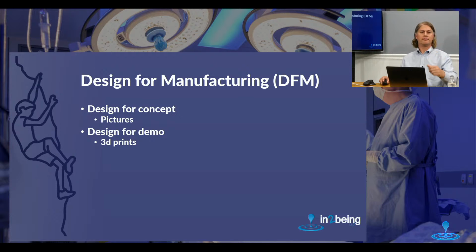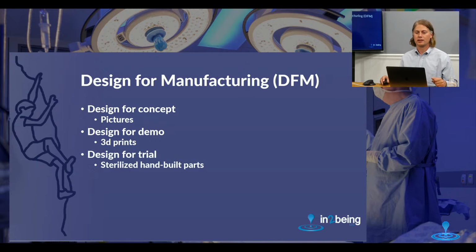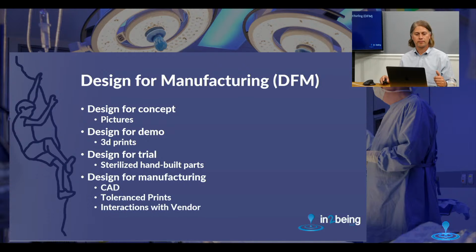And there's design for demonstration. So maybe we printed some 3D printed prototypes, grabbed an Arduino and wired something up. Or maybe we did a design for a trial, first in human trial. Well, sterilized parts, maybe they're hand built, but this is getting pretty complex. We're getting up there and things are starting to get solidified, starting to get hardened.